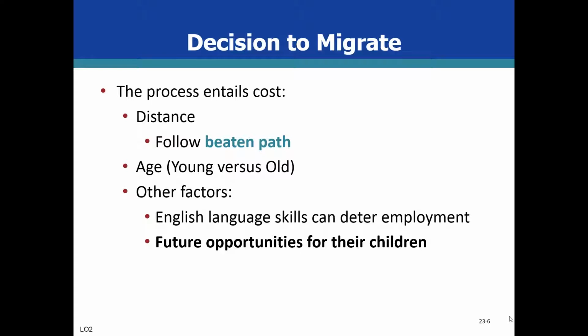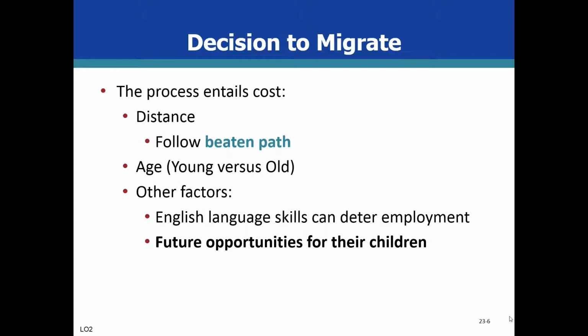Age plays a role in calculating the return on an immigrant's investment. Younger workers are much more likely to migrate than older workers. Kind of makes sense. The return period is longer, and you have a better chance to recoup your costs.